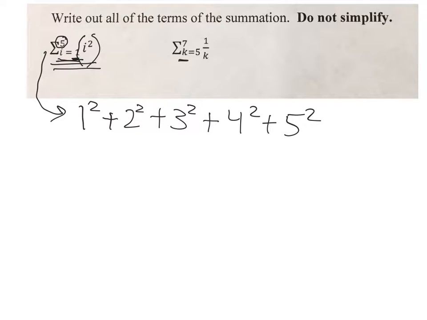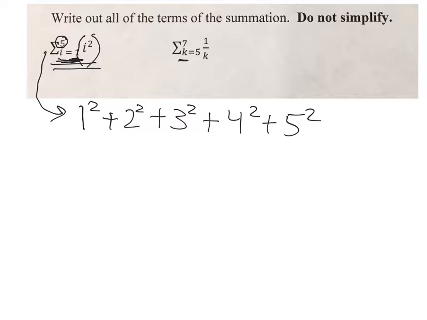You don't need to worry about calculating this value, but just get used to the notation. Sometimes we start with i equals 1. That's probably the most common place to start. Other common beginning points, i equals 0. We do see 0 for the starting point on many occasions.